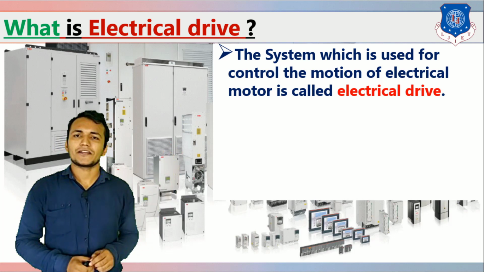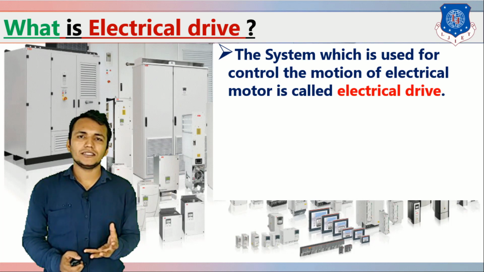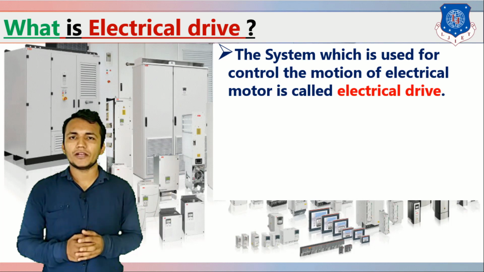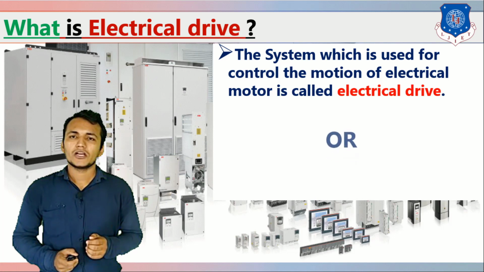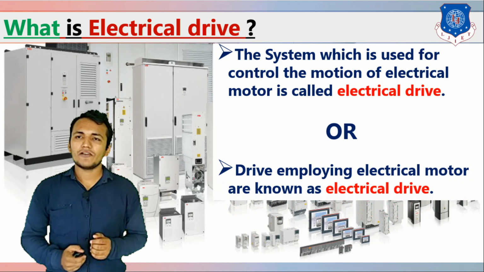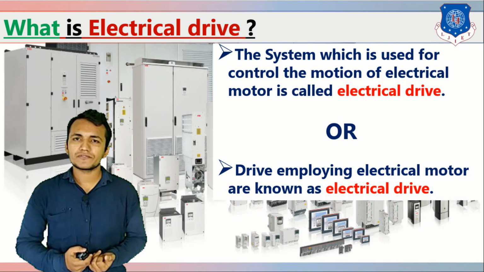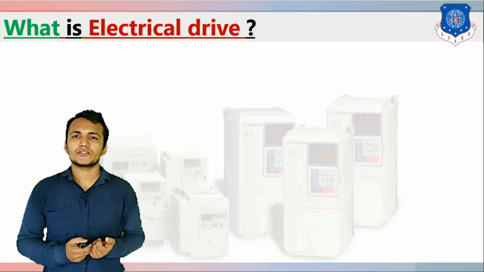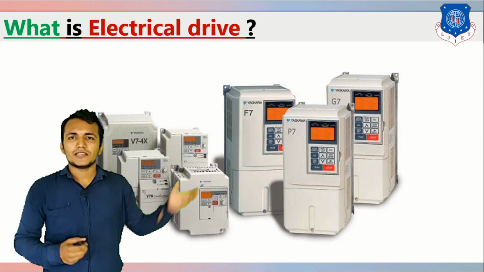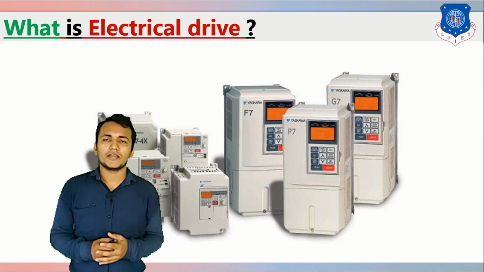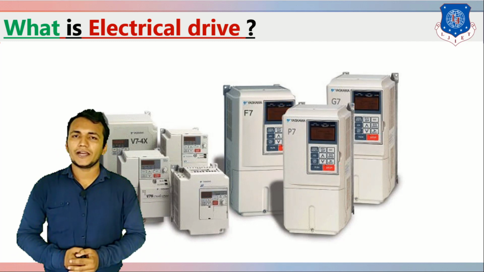In another manner, we can say that a drive employing electric motors is also known as an electrical drive. So that is the definition of electrical drives. In this figure you can see a different series of electrical drives also.